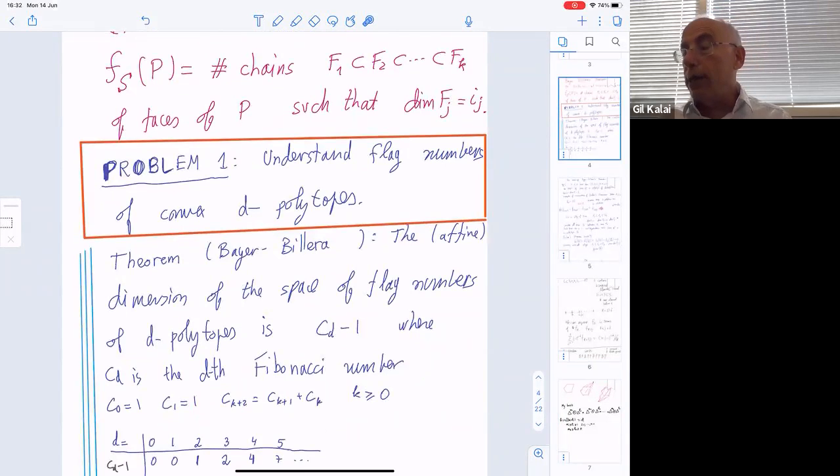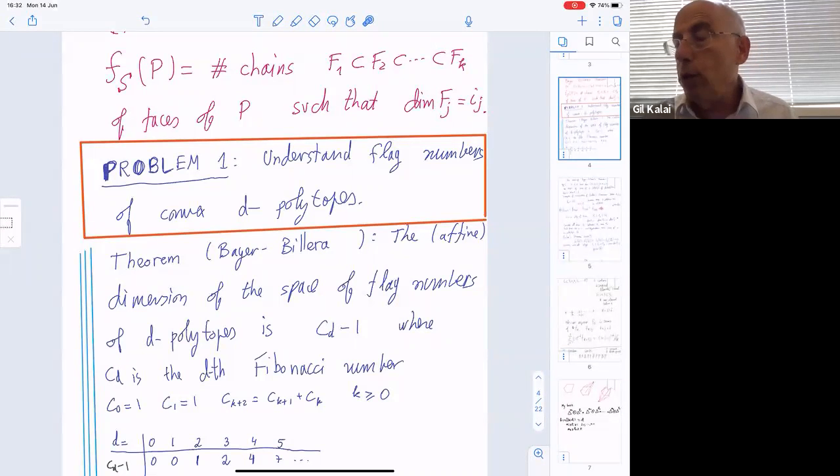So I should say that the first problem, the first challenge I mentioned, is to understand flag numbers of convex d-polytopes. And after you understand the linear equalities between flag numbers, you would like to understand linear inequalities and perhaps even non-linear inequalities. And here we mimic what is known for the class of simplicial polytopes, where there are much fewer parameters, only d over 2, that I didn't get into.